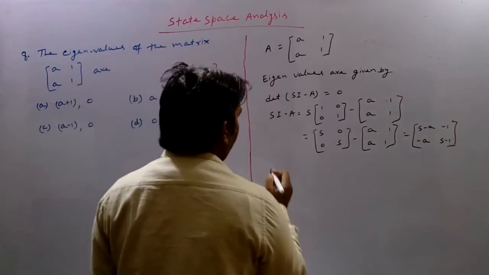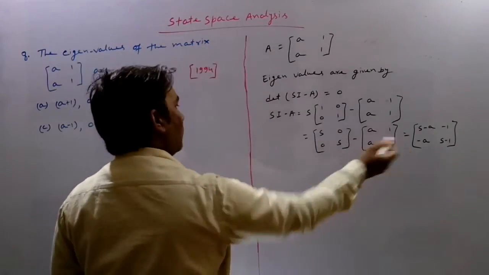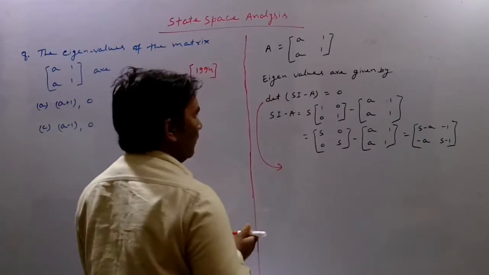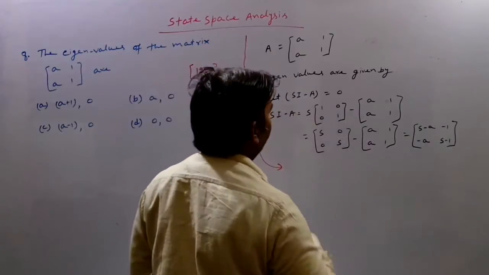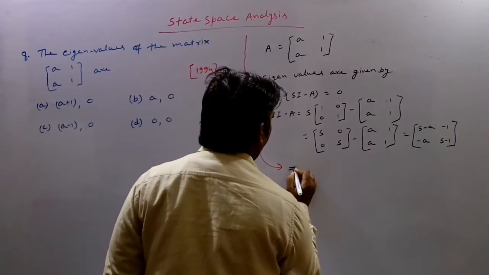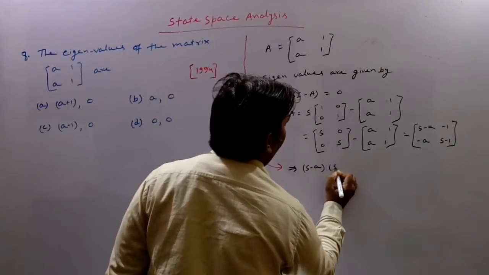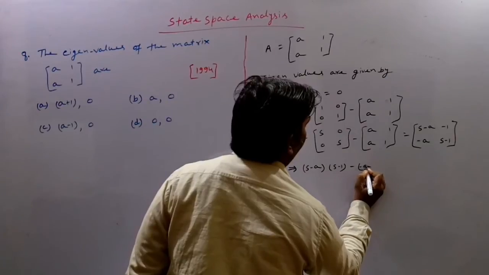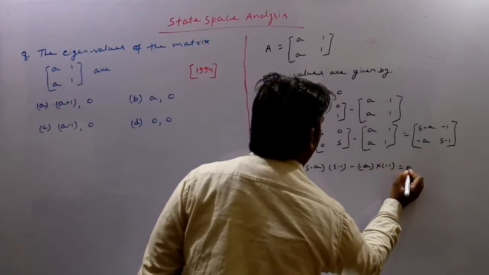So the determinant from here, now we have got the value of sI minus A. So now we can write that (s minus A) multiplied by (s minus 1), minus (minus A) multiplied by (minus 1), is equal to 0.